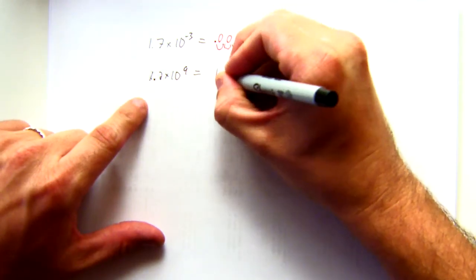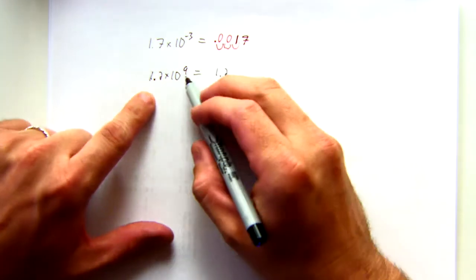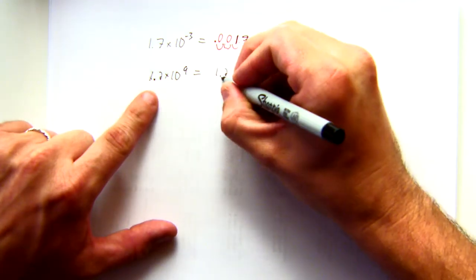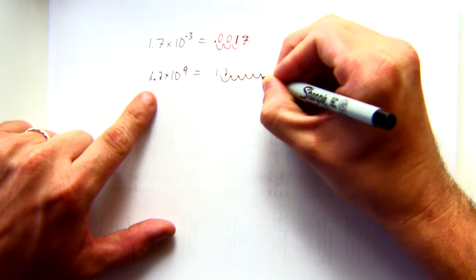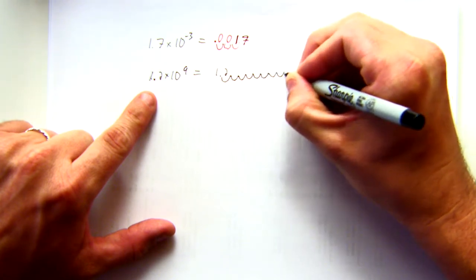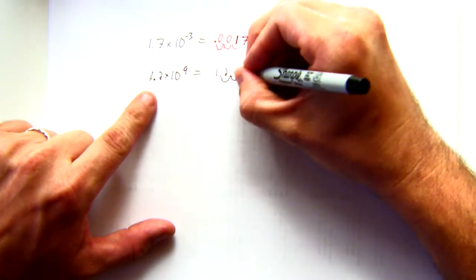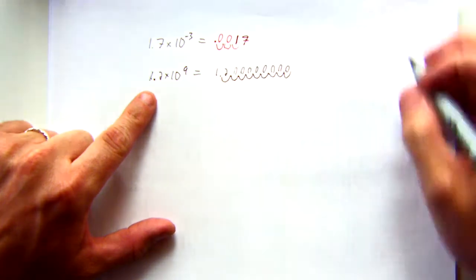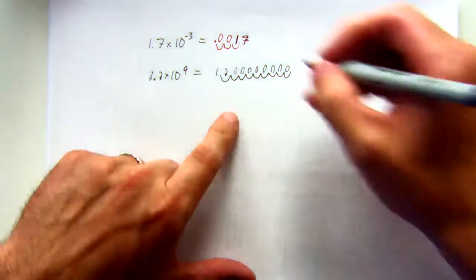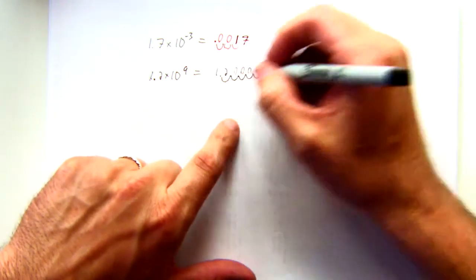Now 1.2 times 10 to the 9th. Okay, so write 1.2, and you're going to move the decimal 9 places to the right. 1, 2, 3, 4, 5, 6, 7, 8, 9. Fill in all these with zeros. And if we separate these, we can rewrite this with commas.